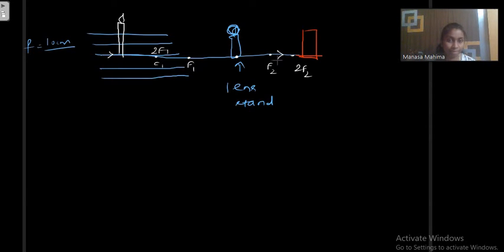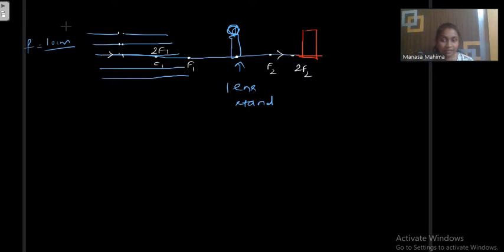So this is the pattern of the activity which we have to do, and this is the source of light. This source of light should always be placed towards the left side. We should not take it towards the right side.